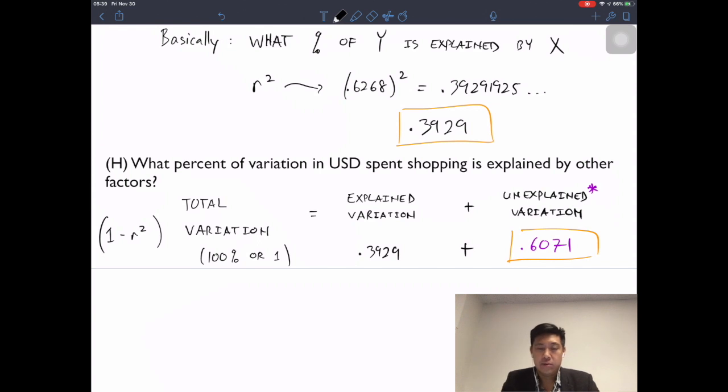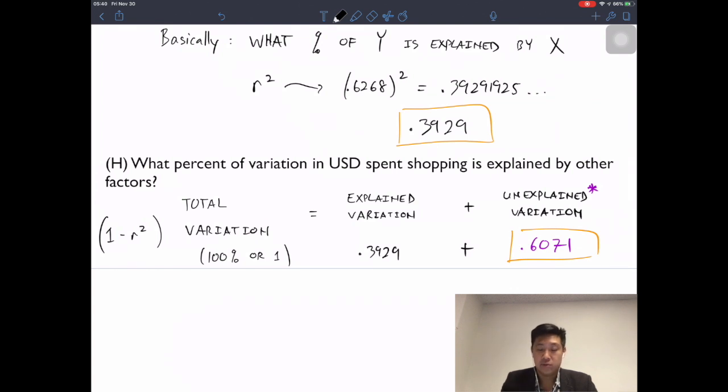The sample that you sampled was more frugal in their shopping, was more spending on their shopping. You know, there could be a lot of other factors other than just the number of hours you walked around shopping, right?